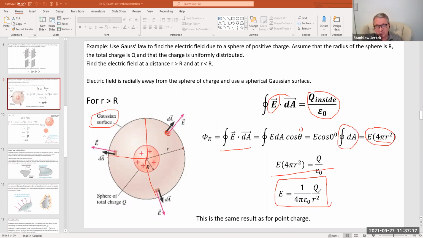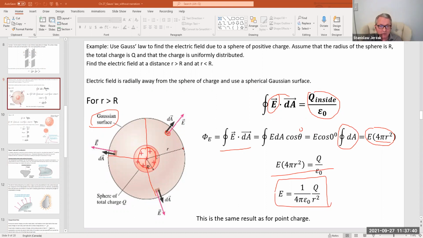But in addition, maybe this is not your question, but even if that volume of charge here would be replaced by a spherical shell of charge. So imagine that I have a spherical shell. By shell, I mean, it's like now, like eggshell, right? Very thin, let's say, shell, but spherical shell.